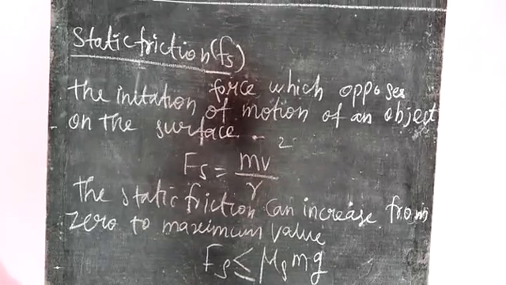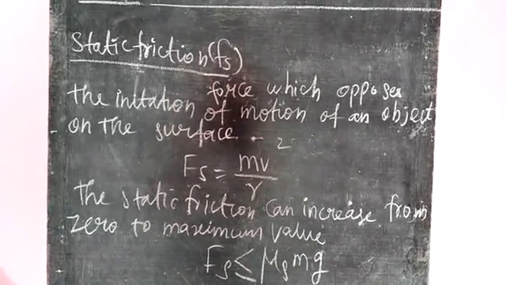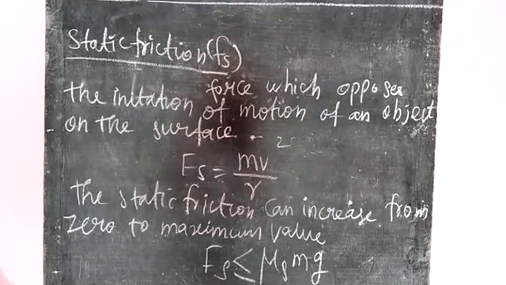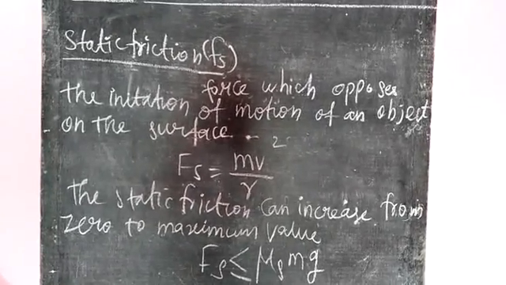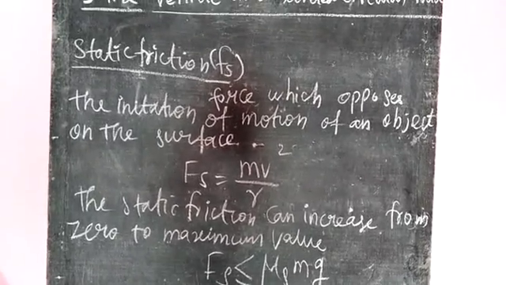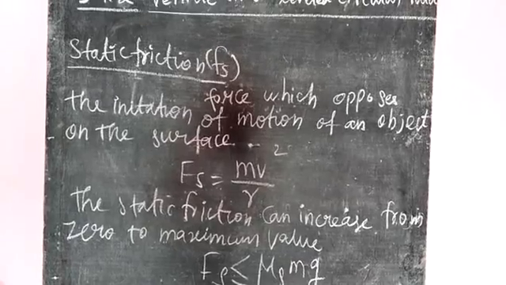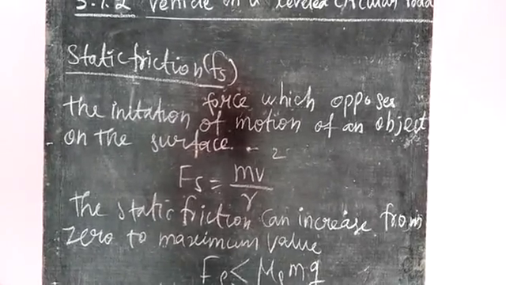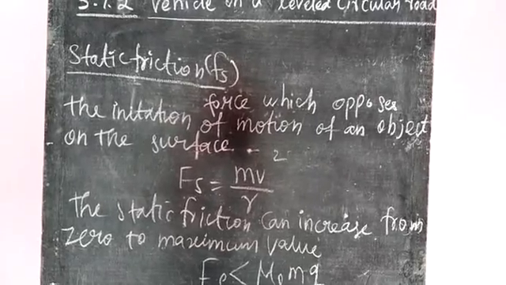Static friction Fs: the force which opposes the initiation of motion of an object on the surface is called static friction. That is, when the body is at rest, the frictional force acting is called static friction. Static means body at rest.